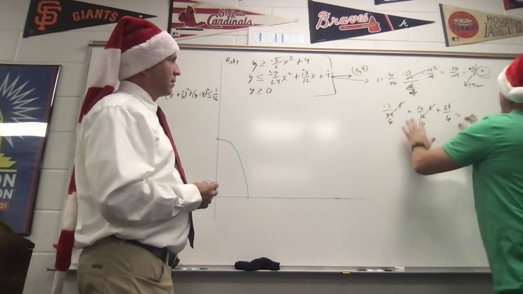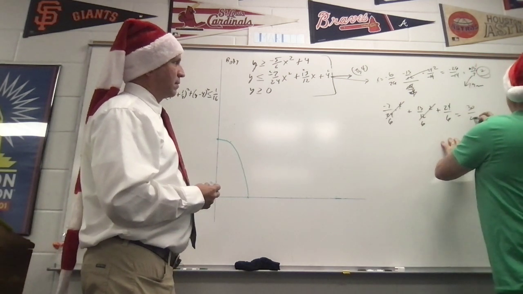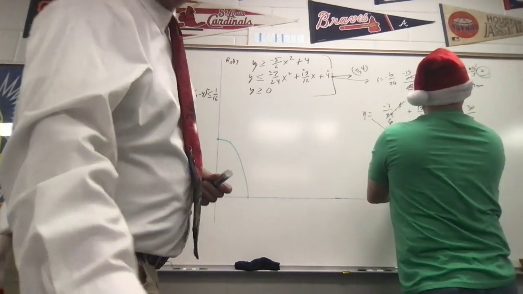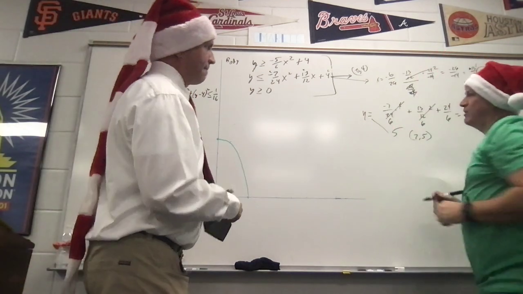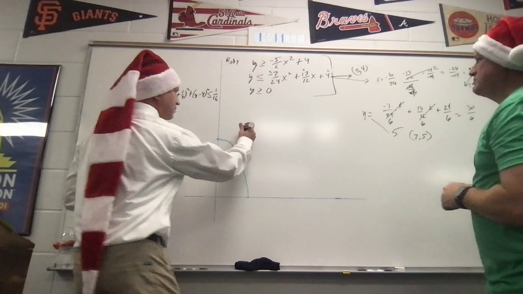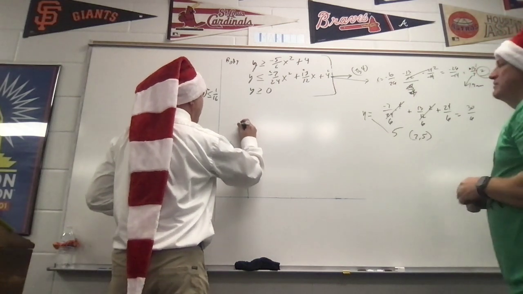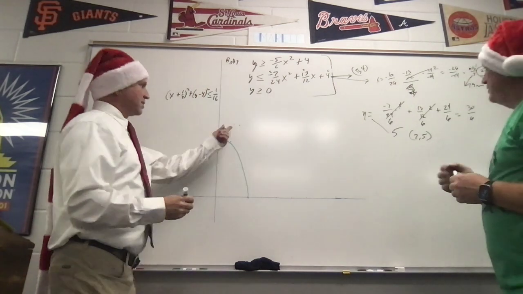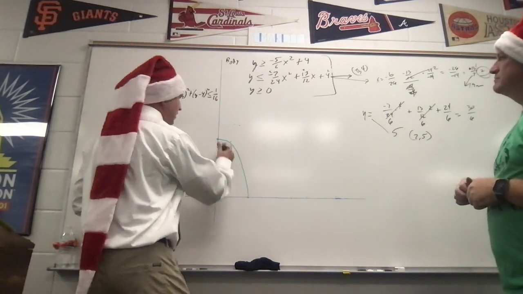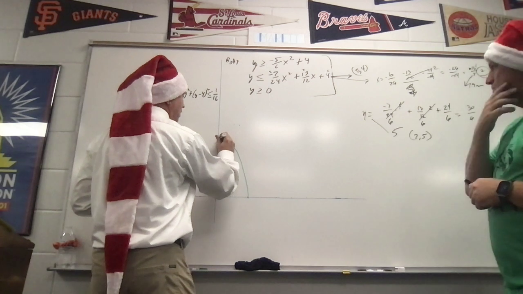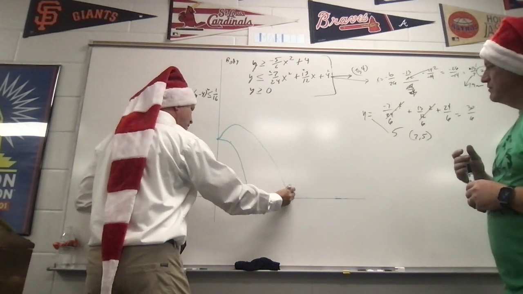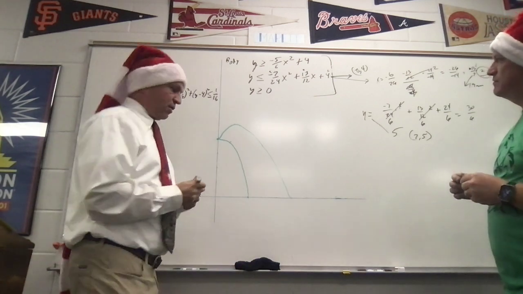So we add all of that up, we get a positive 30 over 6. So the y value would be 5. So (2, 5) is our other point for this inequality right here. And I will plot that point here. Now from here, because this is the vertex, I will use that as my axis of symmetry in order to finish constructing this portion of the conic section, and we end up with this.